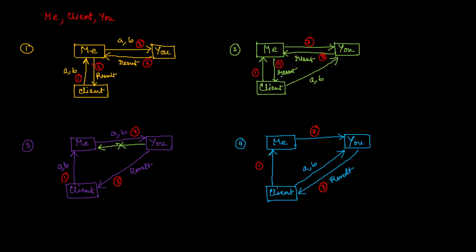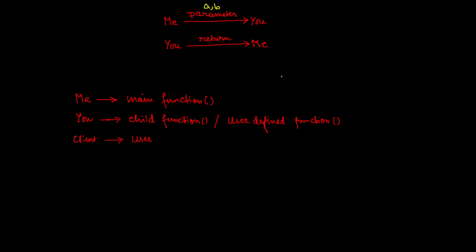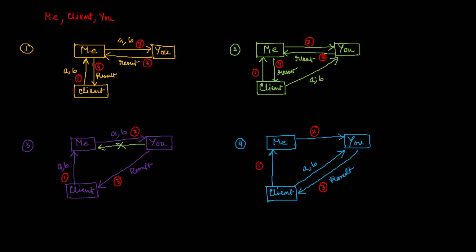So that means you can easily understand, I hope now, that a parameter doesn't exist in case number 2 because I have not given data to you. You have taken data from the client directly, but a return type exists.